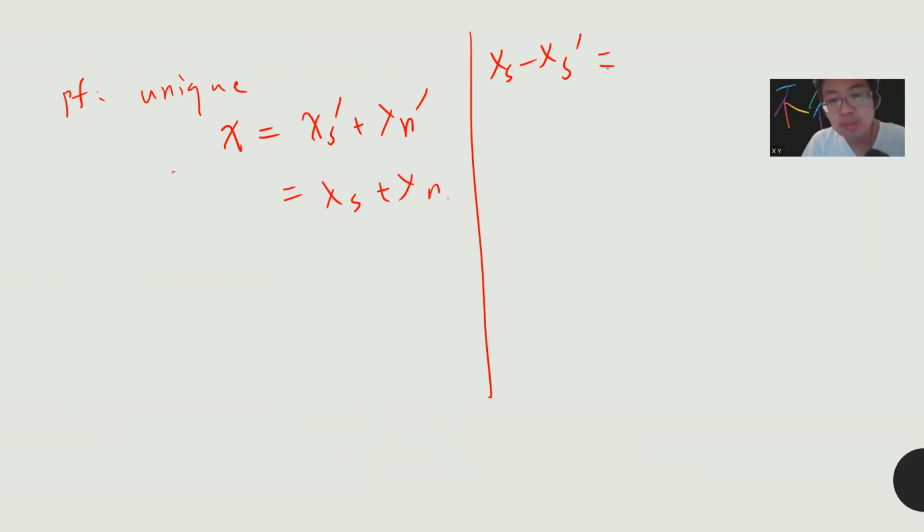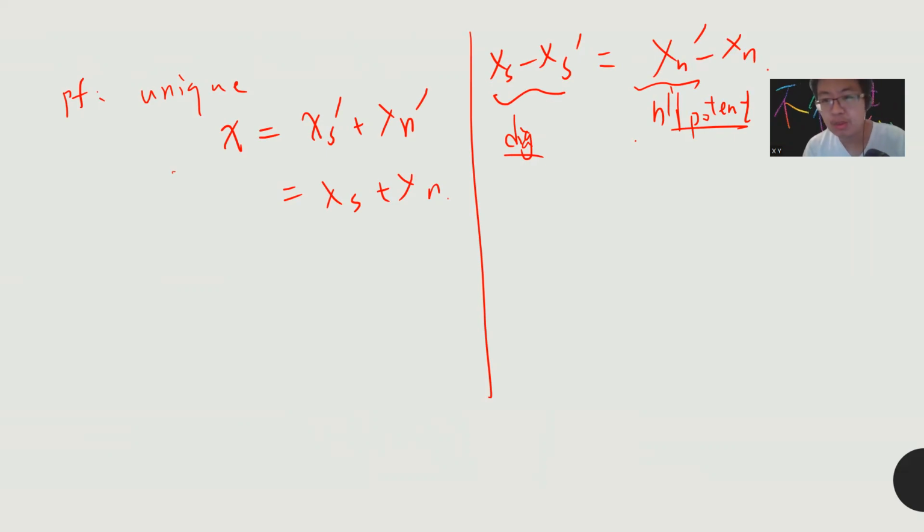But this is impossible, because if this is true, then you can write it as this. So now you got some stupid thing, because this guy is diagonalizable, and this guy is nilpotent.